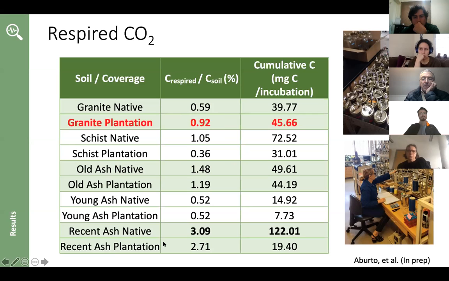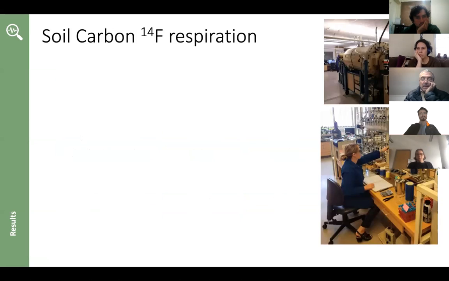The site that respired the most was the recent ash soil, which is also relevant to highlight, since this is the site with the lowest clay content. This is a sandy soil and has the lowest carbon of all sites.